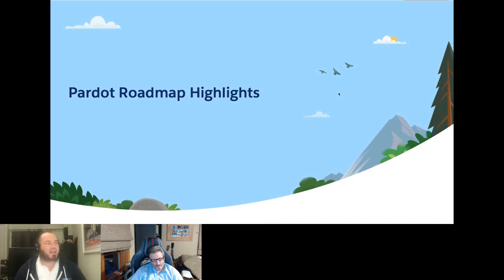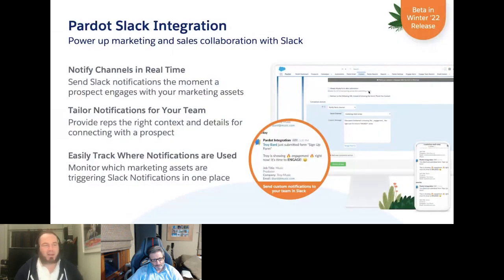So I talked about this a little bit already, and this is an open beta, and that's the Slack integration. And we can actually combine Slack's own Markdown language and our HTML personalization to catch our team's attention when a prospect actually does something.